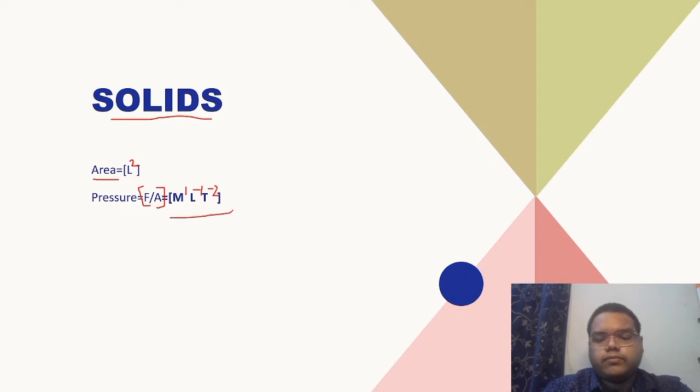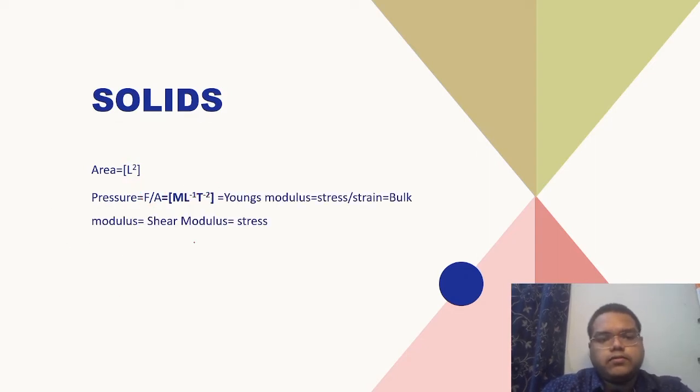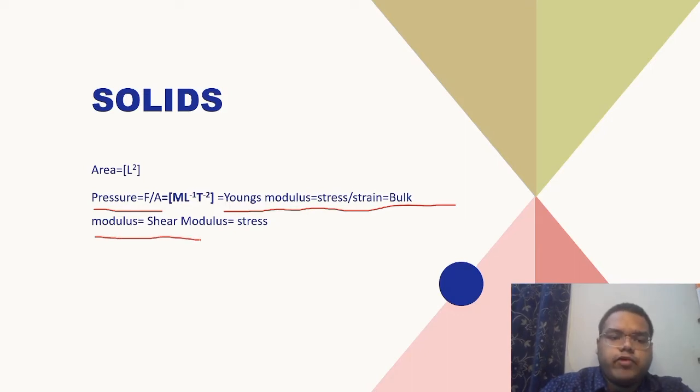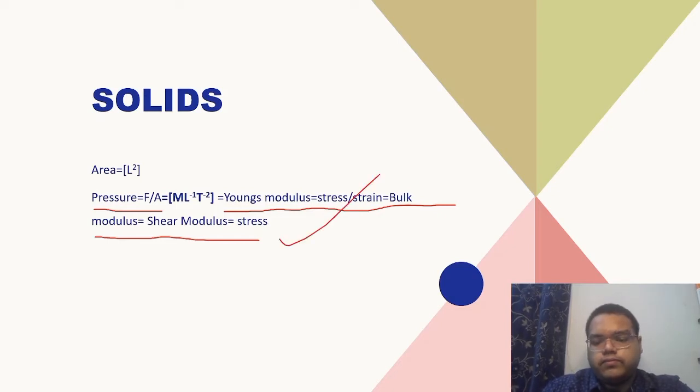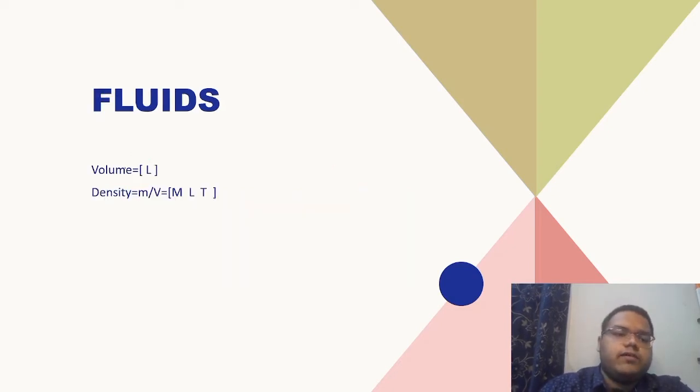Okay, next, this dimension of pressure is equal to the dimension of Young's modulus, stress divided by strain, which is equal to the dimension of bulk modulus, which is equal to the dimension of shear modulus, which is equal to the dimension of stress. Okay, next, fluids. Volume dimension is L cube, density, the dimension is m to the power 1, L to the power minus 3, t to the power 0.